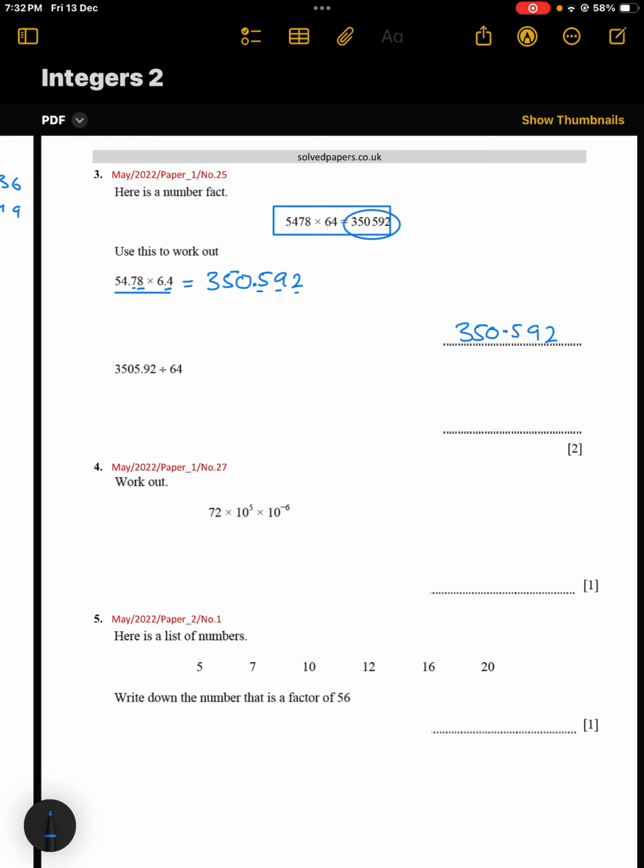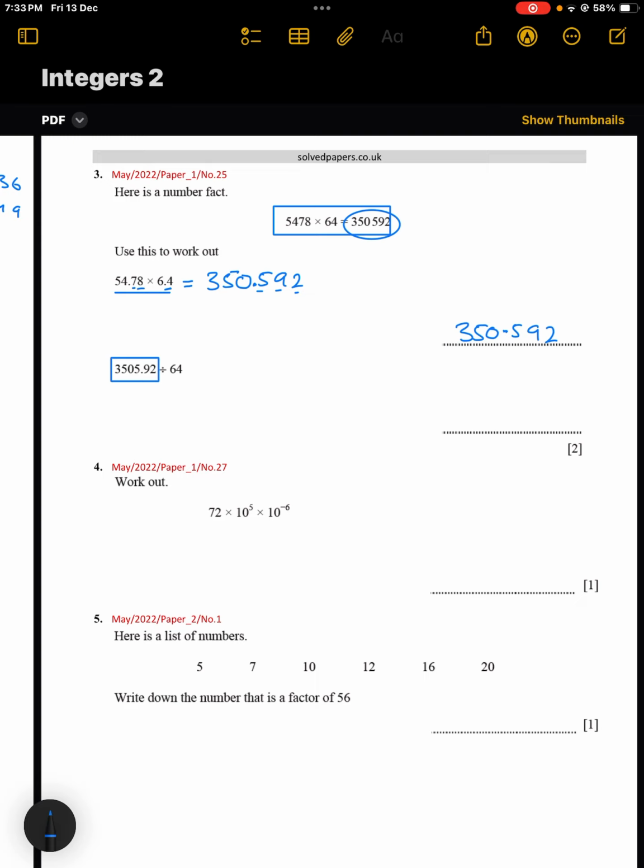Same as, now look, this 350.592 is divided by 64. Here it's the same thing.